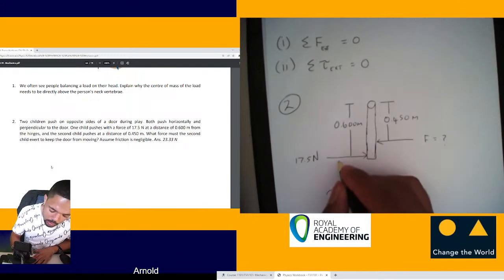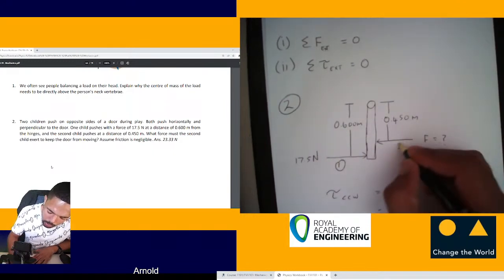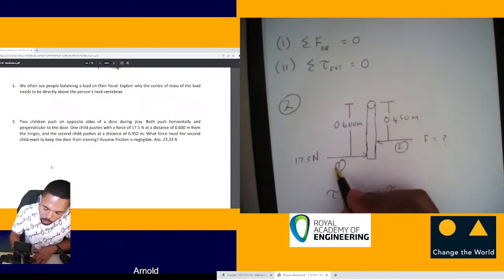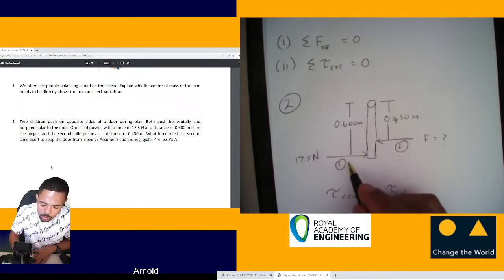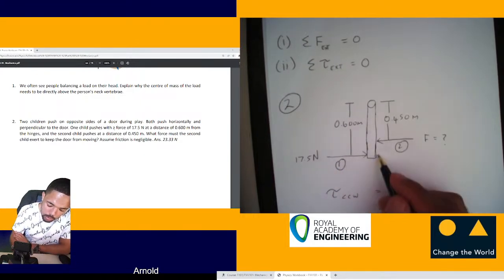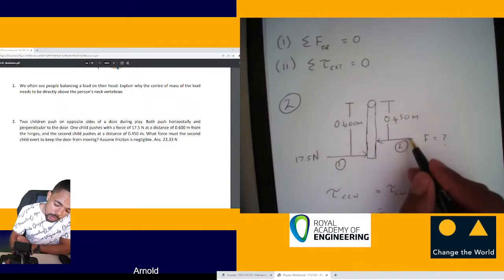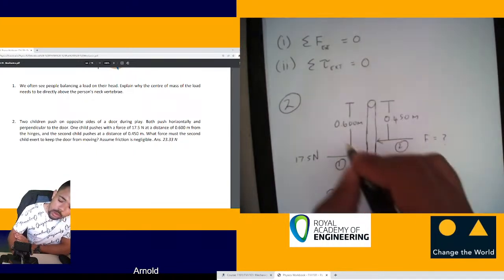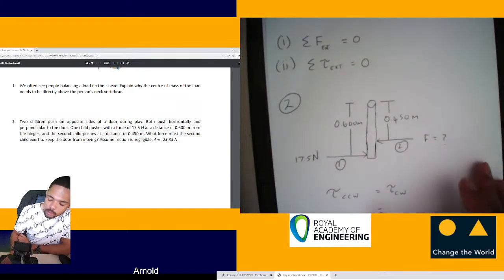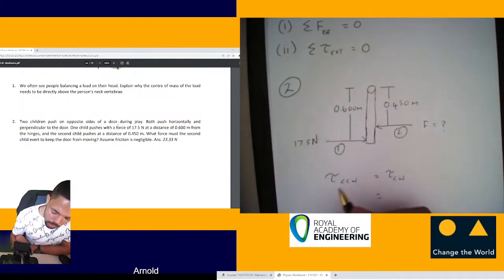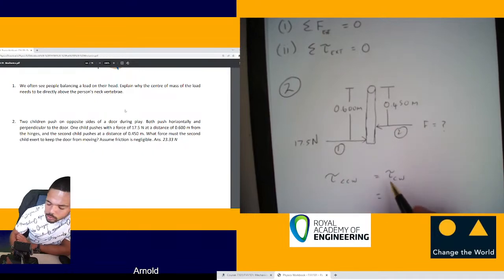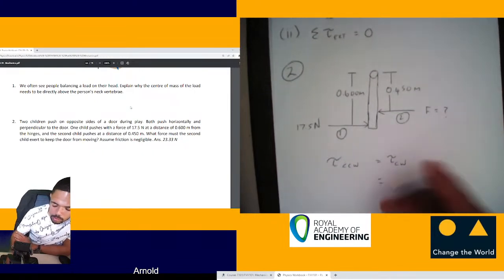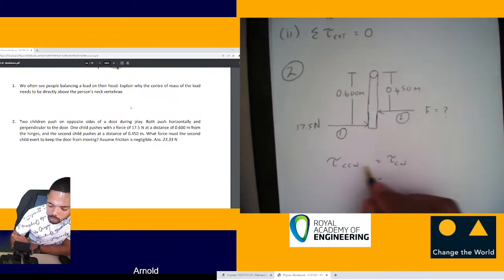This is child number one, and this is child number two. The torque created by the force of child number one is counterclockwise, and the torque created by the force of child number two is clockwise in this drawing. Since it's in equilibrium, the sum of the torques must be equal to zero. That means the clockwise torque must be equal to the counterclockwise torque.